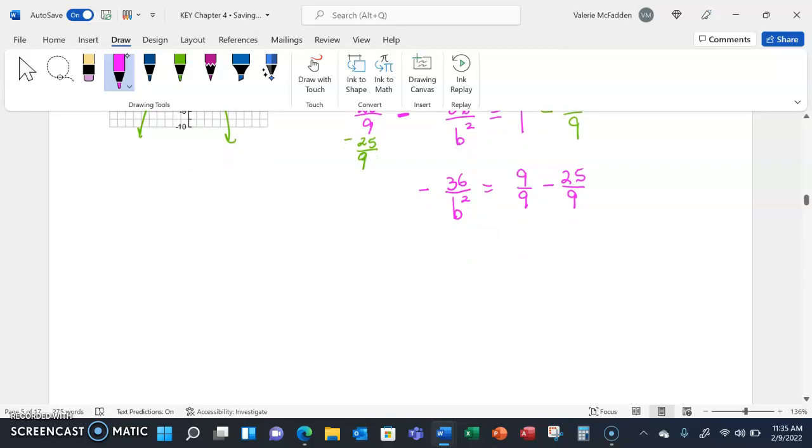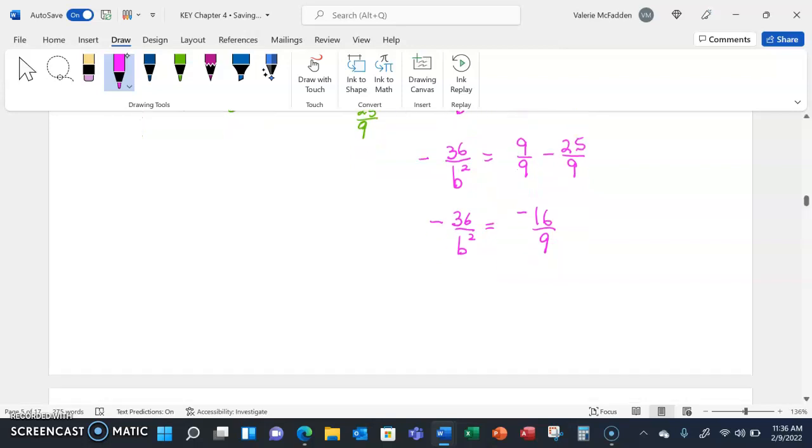So now I have negative 36 over b squared is equal to negative 16/9. 9/9 minus 25/9 is negative 16/9.